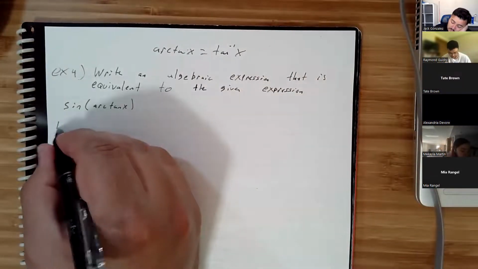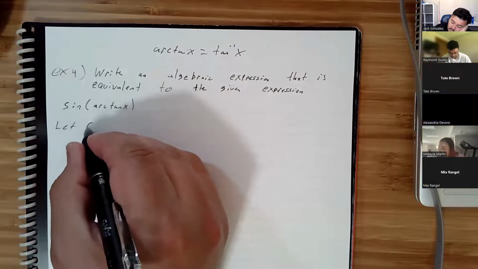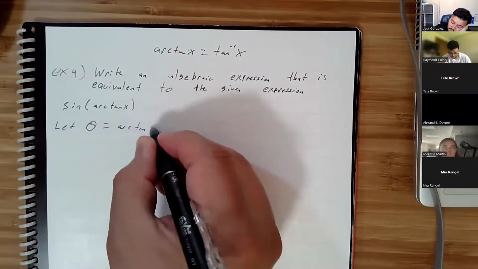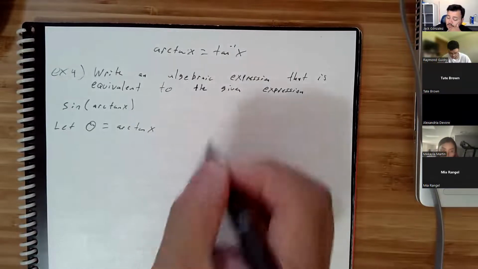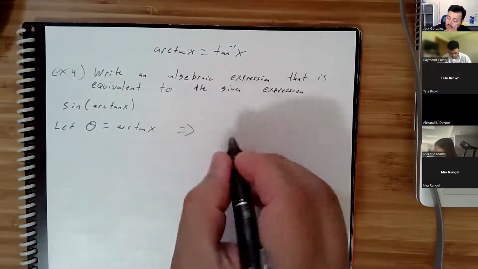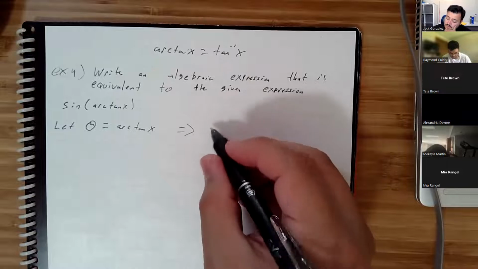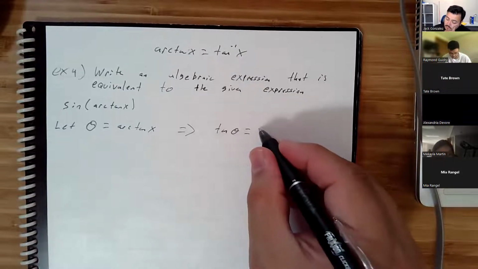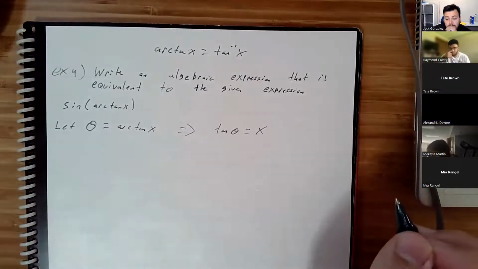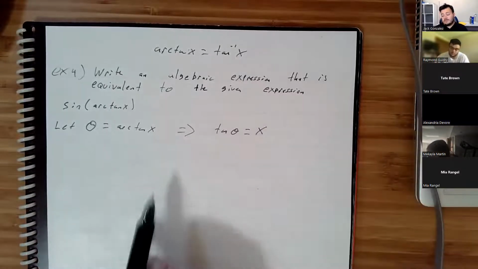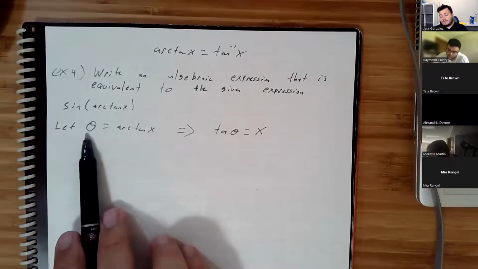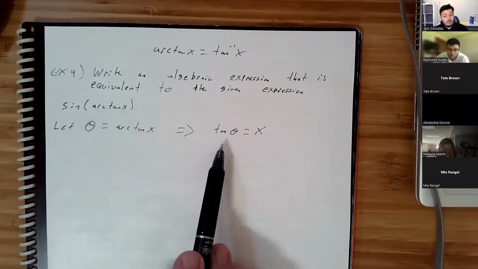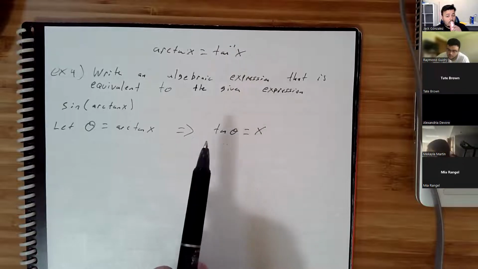So to make this easier, let theta equal arctan x. And then use the definition to change that to say that there exists some angle of tangent that will give me x. So this is the definition right here. Once I let theta be the inside, apply the definition, and then build your triangle.